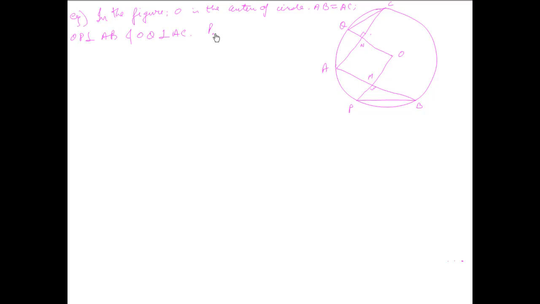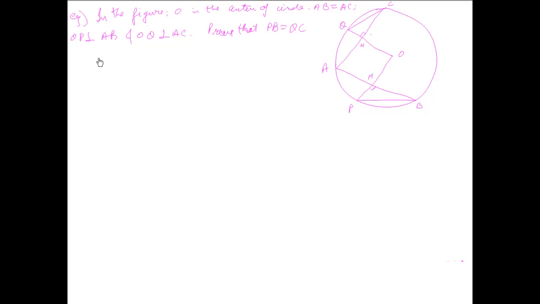Prove that PB equal to QC. But to prove this is equal to this, children, for that what we're going to do, first we have this right angle. Second, children, we've been given AB is equal to AC.